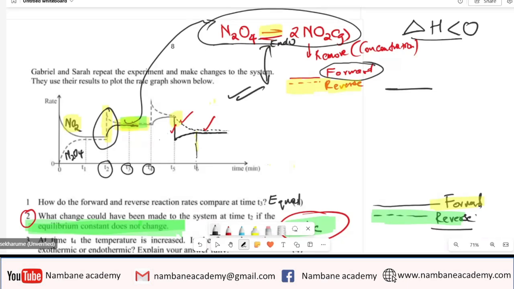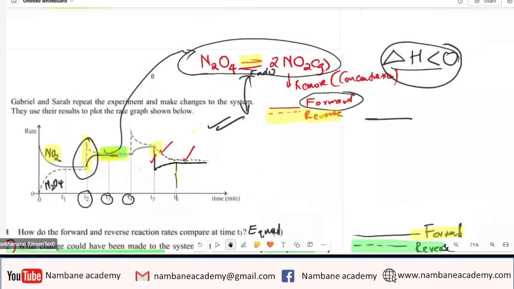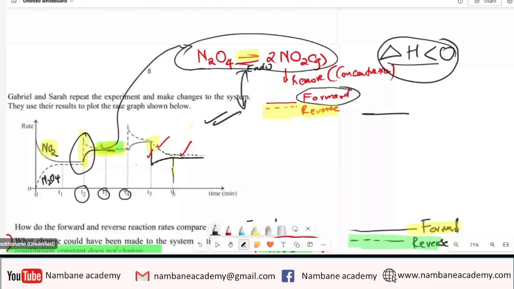Increasing temperature, I'm going to favor the reverse. Of course, it will be favored. So the delta H, according to this, will be less than 0, according to the question. Is the forward direction exo or endo? The forward direction will be an exothermic reaction.